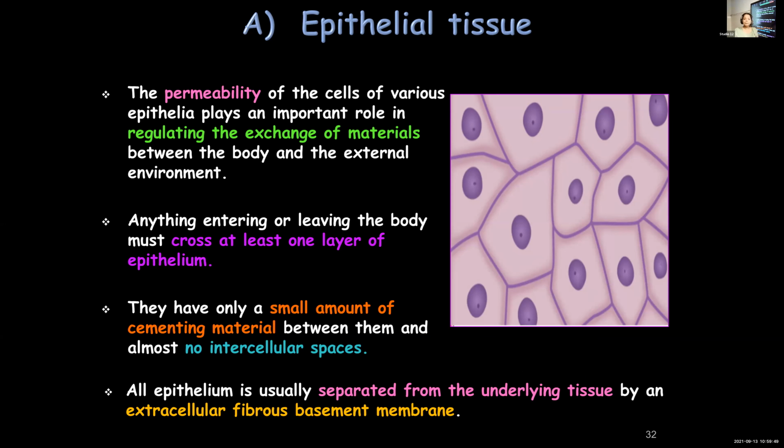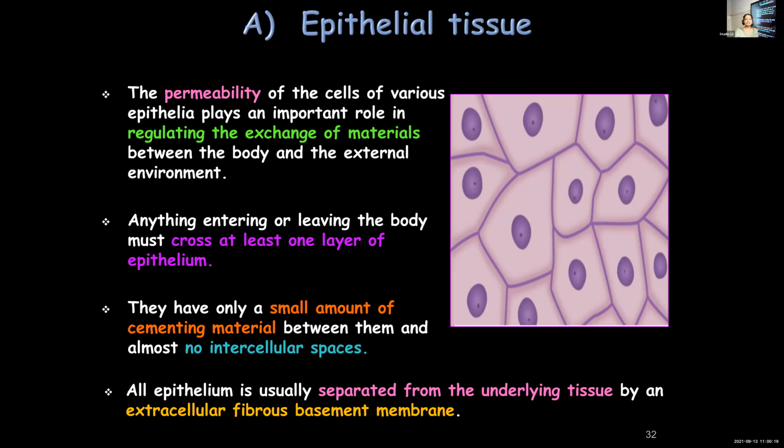The permeability of the epithelial tissue is very important. Why do you say that the permeability of the epithelial tissue is very important? Because only if it is permeable, materials can pass from the external environment to the body and from the body to outside. So that is why we say the permeability of the epithelial layer is very important.